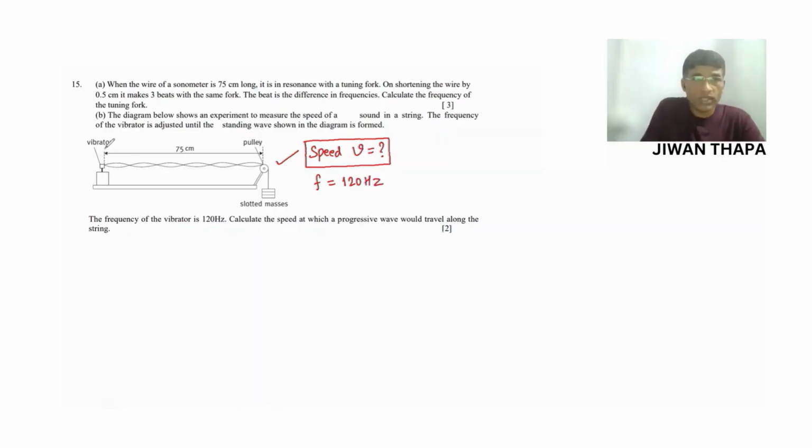We can see in this diagram we have two ends, this end and the next end. So we are going to count the total number of standing waves formed between these two ends.